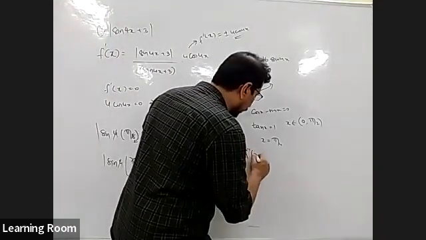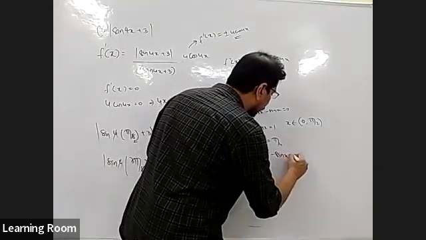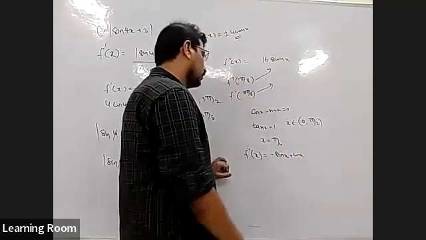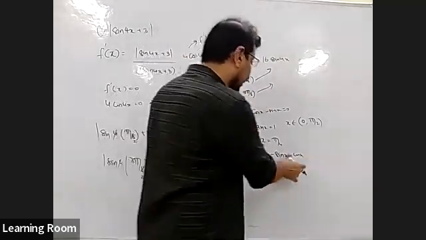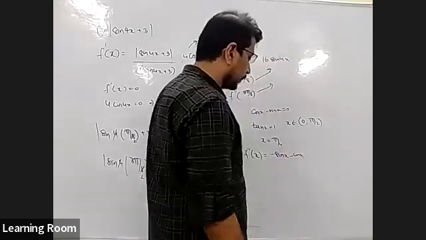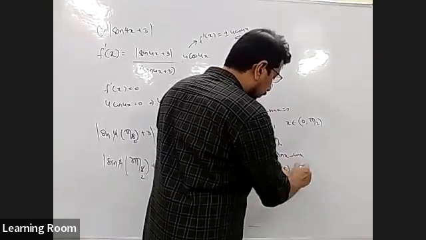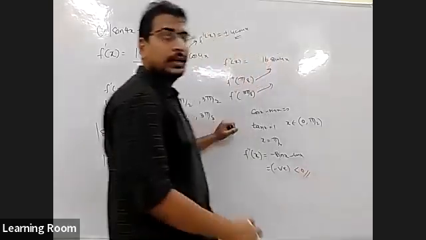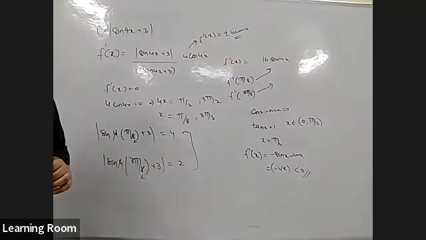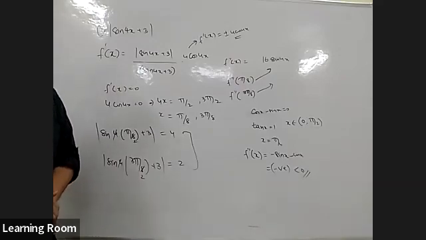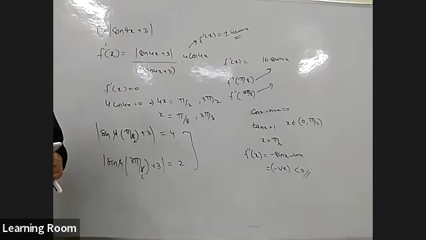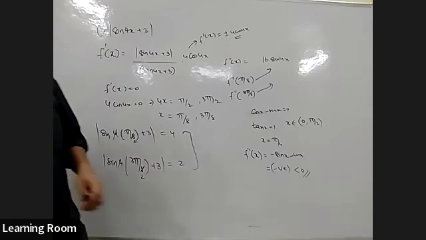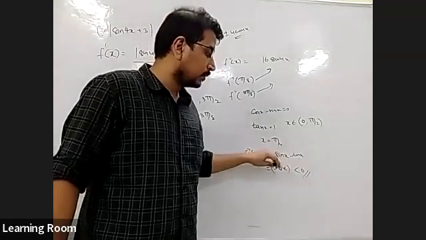Find f double dash of x. That will be minus sin x minus cos x. Okay. So you get a negative value. So f double dash of x is less than 0, so you get the maximum value. This is positive, this is positive, negative.